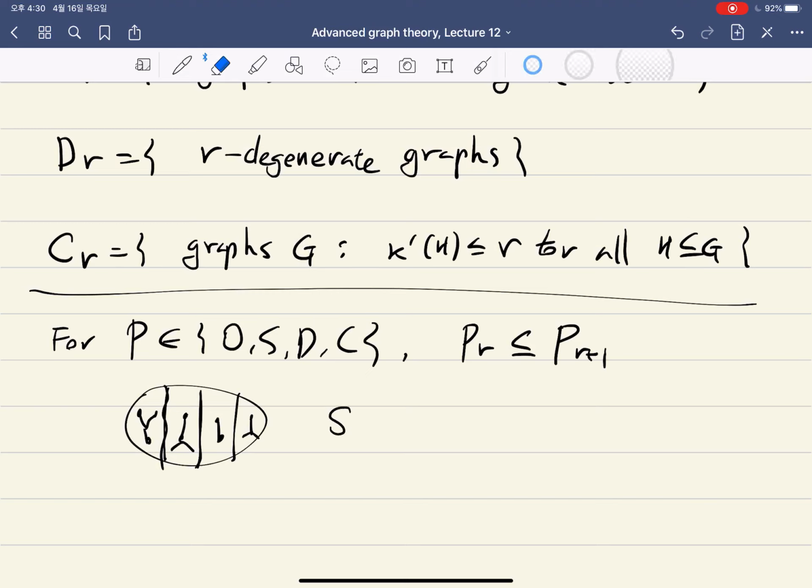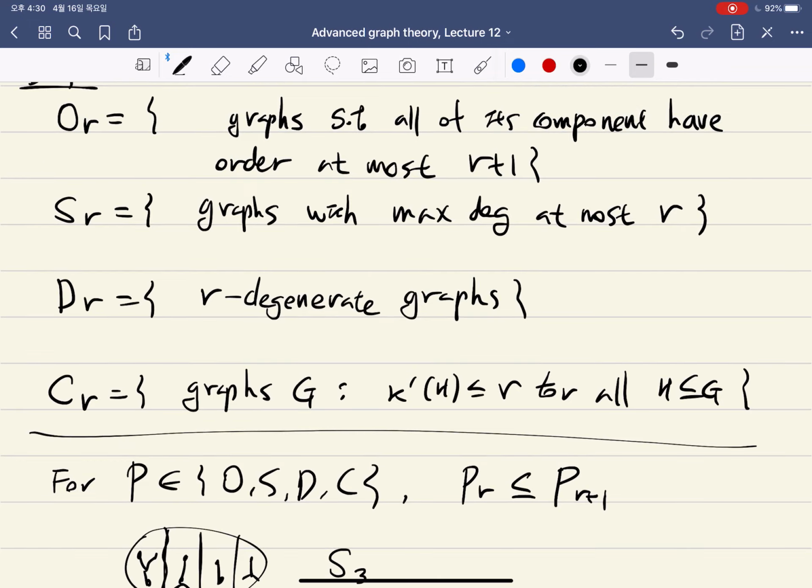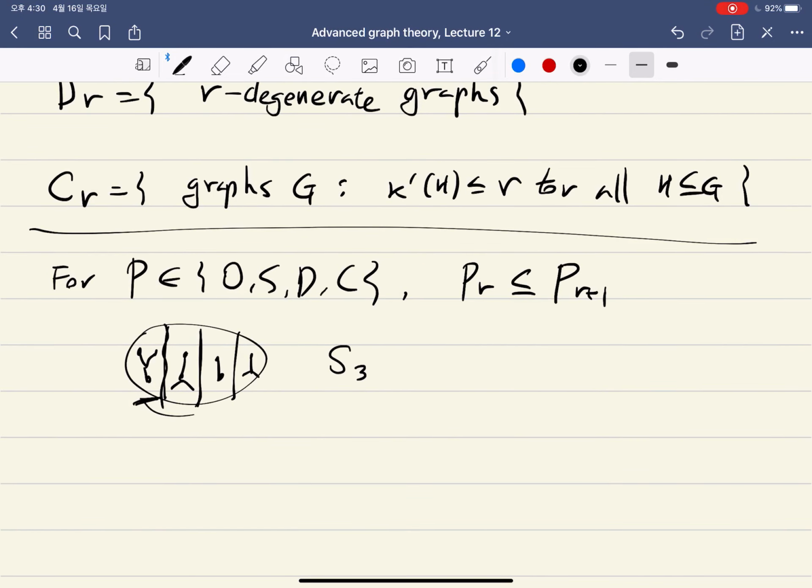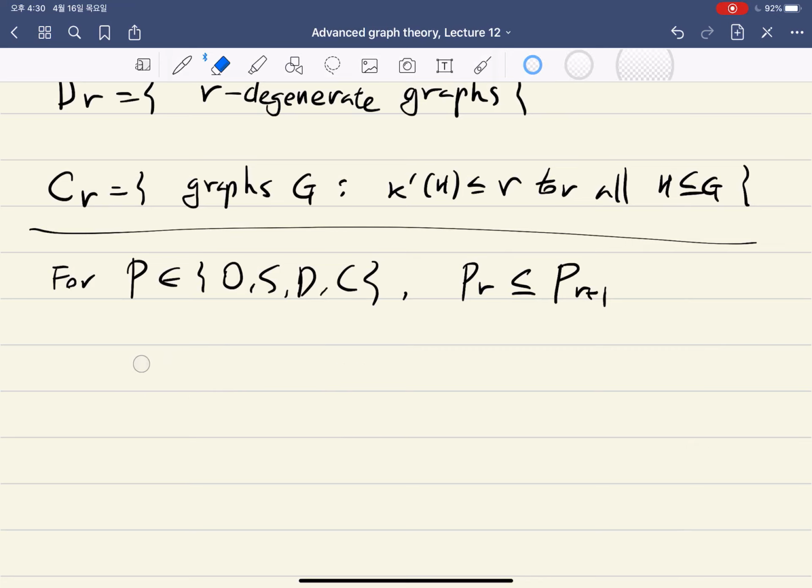But once you increase R, it was not in S2 before but it is in S3. So this becomes an S3 coloring. S2 coloring required more than 4 colors, but now 4 colors might suffice. So this containment of graph families implies that the chromatic number gets smaller as you increase R, for each such P.